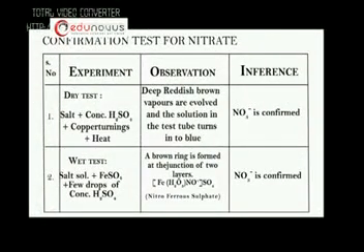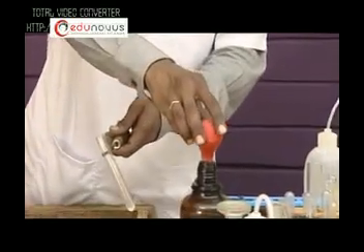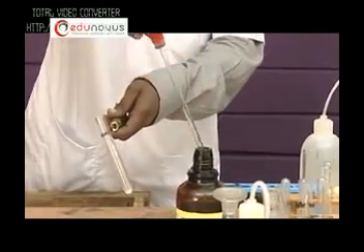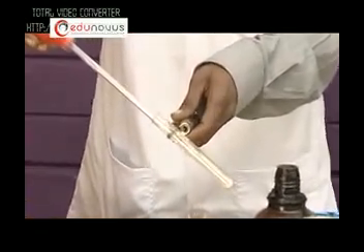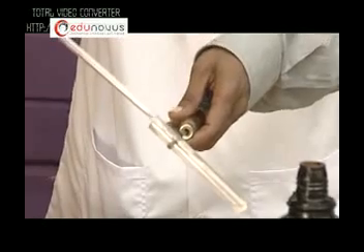Now, we perform the confirmatory test for nitrate ion. There are two confirmatory tests for nitrate ion. They are dry test and wet test. First, let us perform the dry test. The salt plus concentrated sulfuric acid plus copper turnings. Take a small amount of the salt in a clean and dry test tube. Add few drops of concentrated sulfuric acid along the inner walls of the test tube.